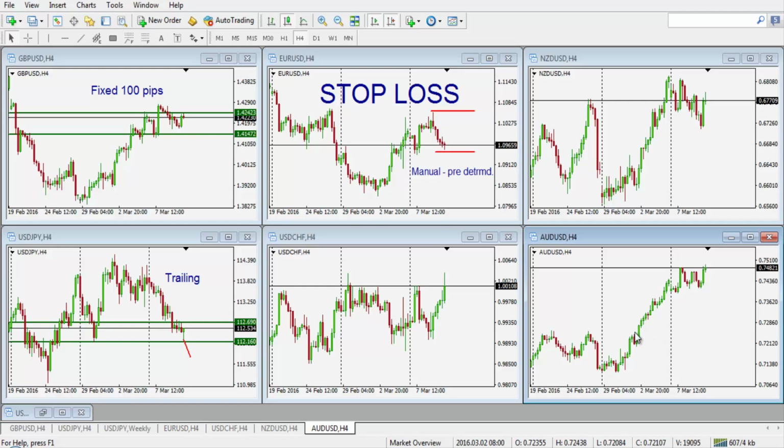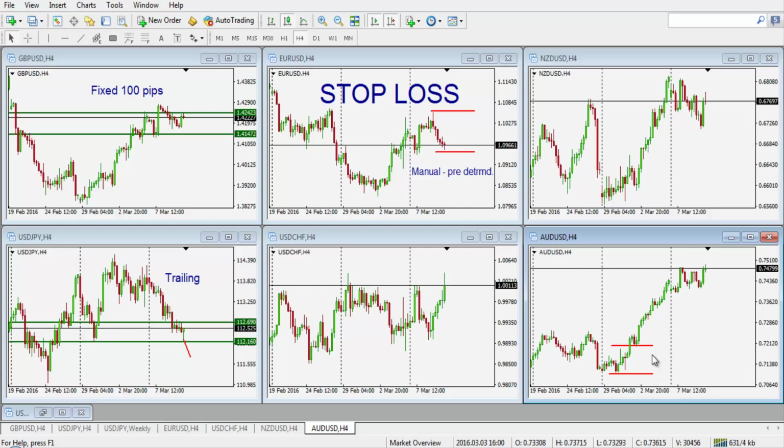If we take this last week for example, say you went long somewhere here. This will be the entry above this break somewhere, and my stop loss initially might have been somewhere here. So far so good.